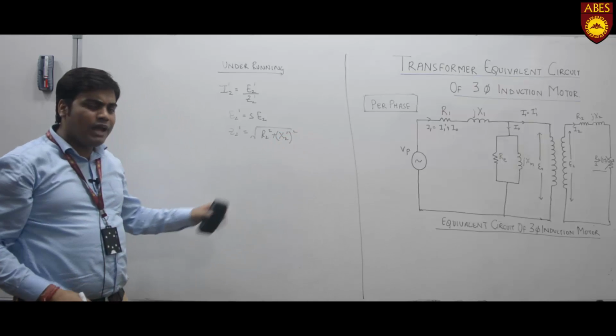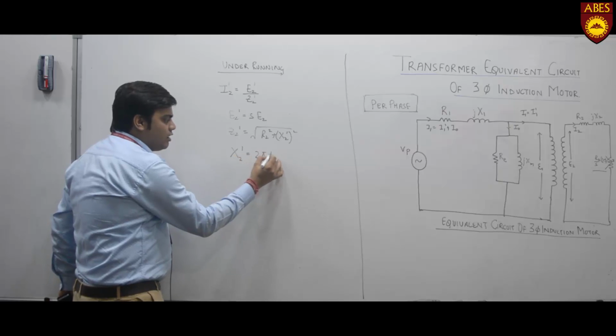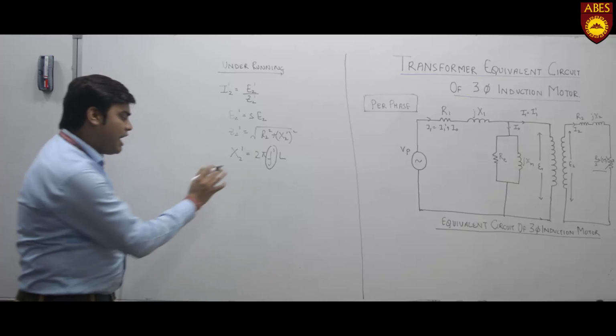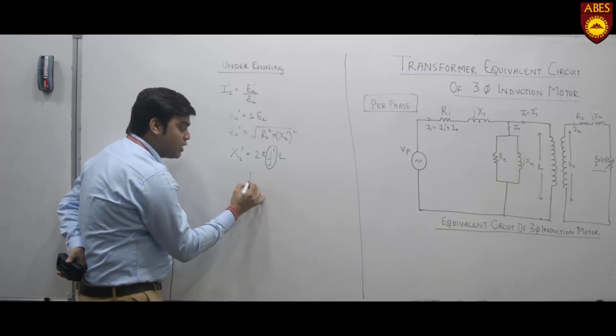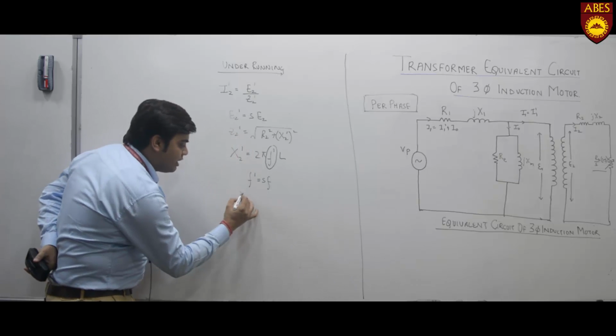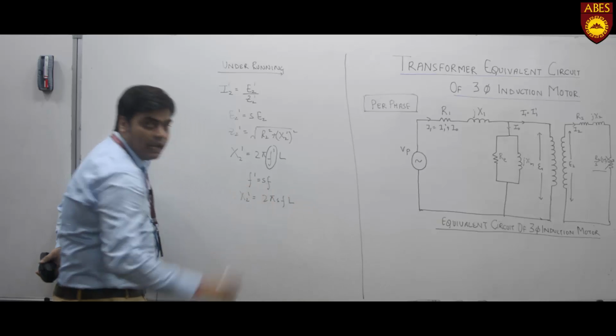Now why X2 dash? Because X2 dash is dependent on frequency. Under running condition, F dash is equal to SF, and so X2 dash becomes equal to 2 pi SFL.